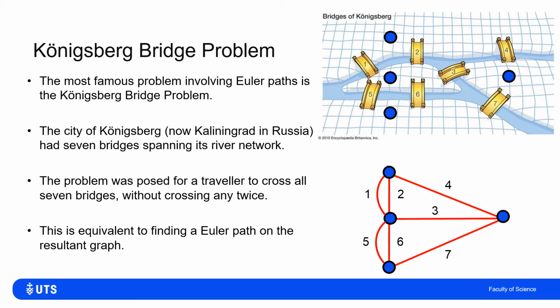So the node in the center on the left is joined by edges 1 and 2 to the same node, and similarly going down, it's joined by edges 5 and 6 to the bottom node. As we said, it was Euler himself who proved that there was no possible path around all 7 bridges without reusing a bridge at least twice.